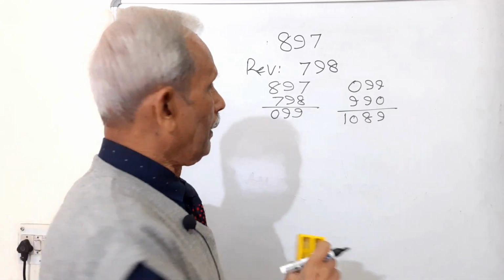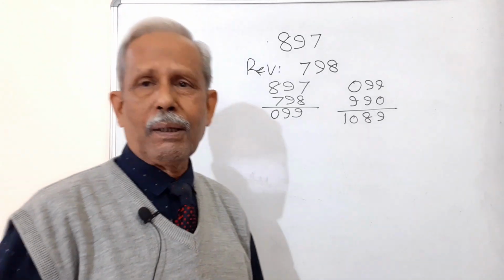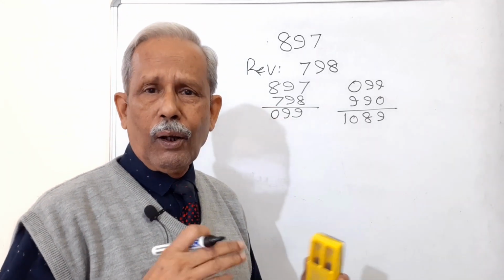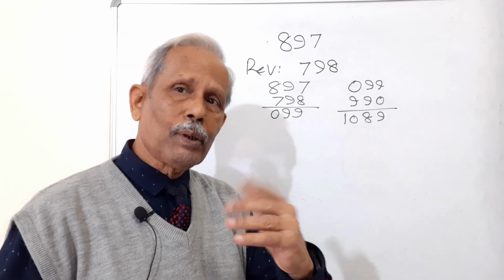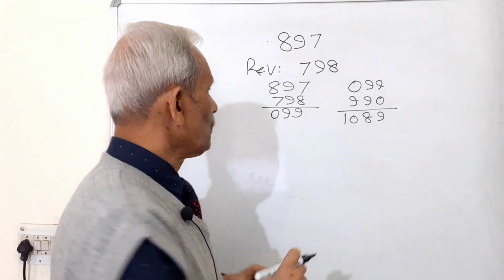Why does this happen? When you reverse a 3-digit number and subtract, you always get a number whose digits add up to 9 in the first and the last positions.